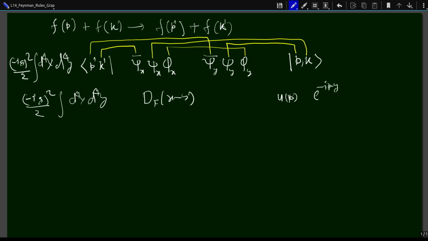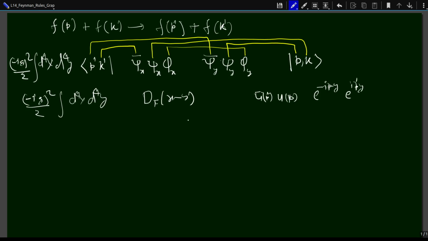And psi bar at y, contracting to the left side, will give me u bar p prime, and the factor that will give me is exponential i p prime y. Okay, now let's look at what happens at the x.